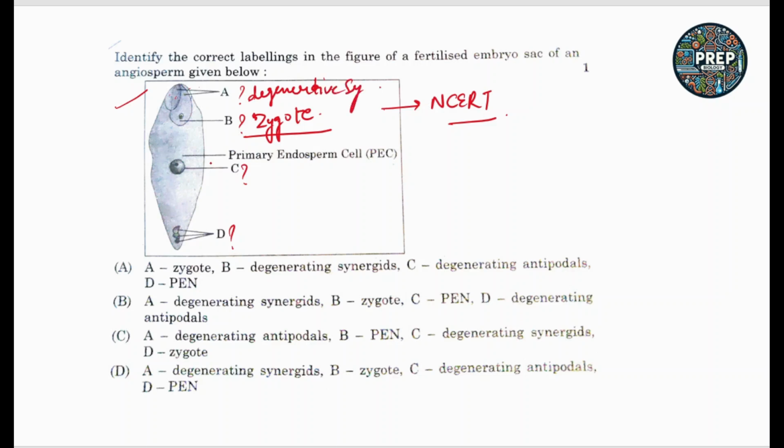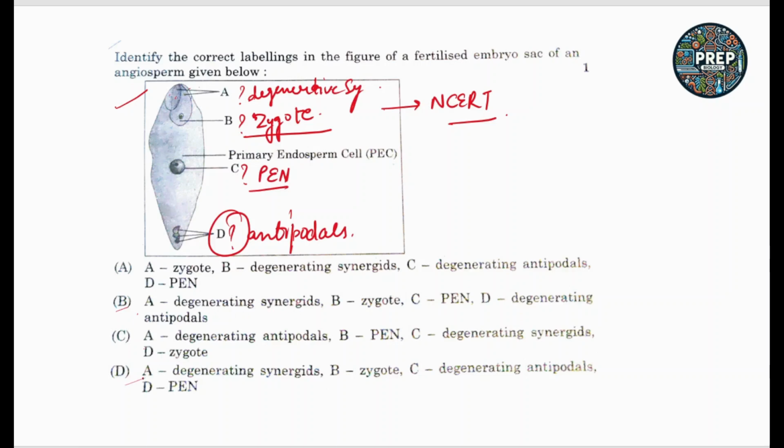C is the endosperm, this is the primary endosperm cell, and this is the primary endosperm nucleus, PEN, and D is degenerating antipodals. That we have already discussed in the previous classes. So A is degenerating, that is synergid. So we have A, B and C.